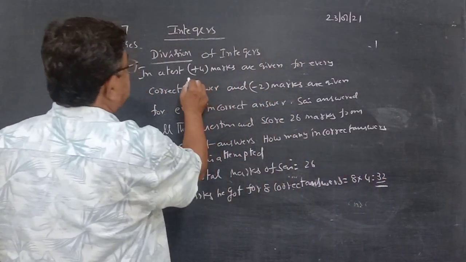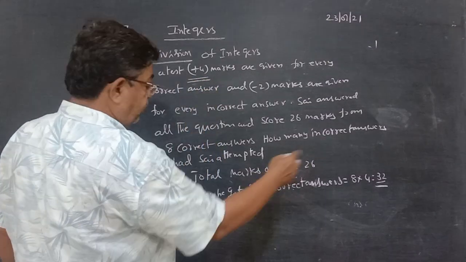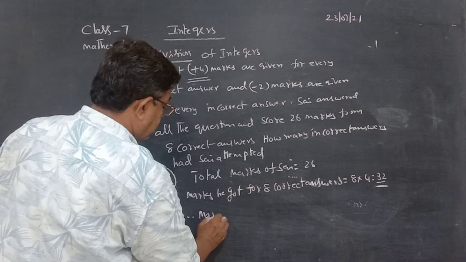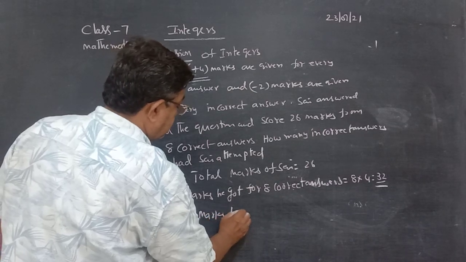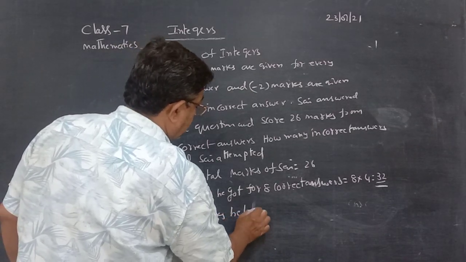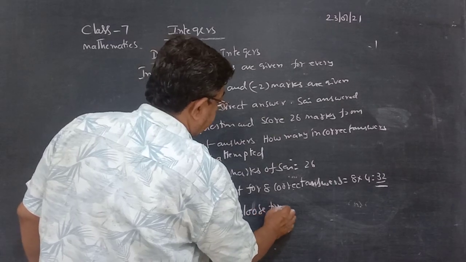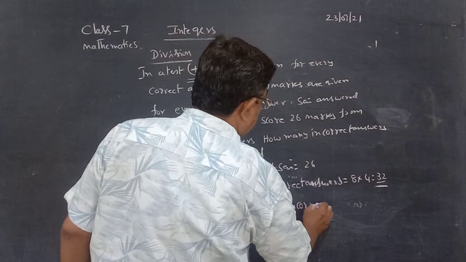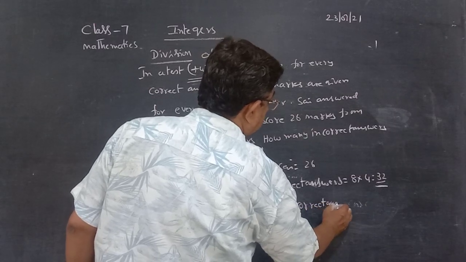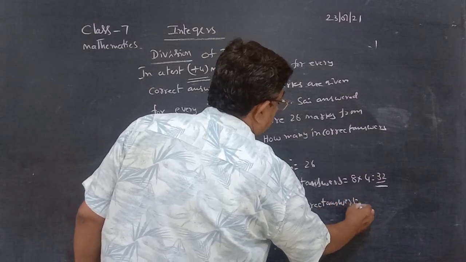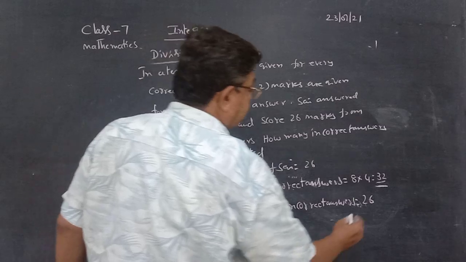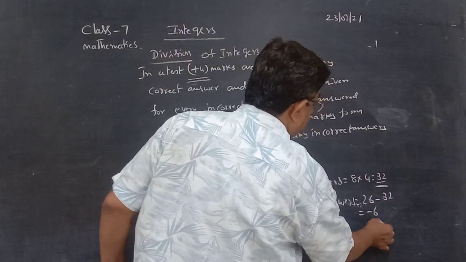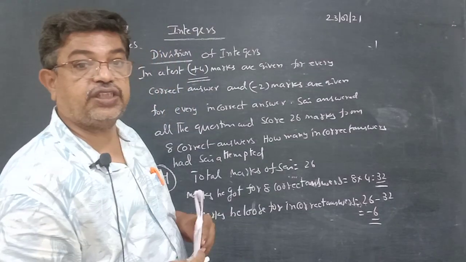For each correct answer, he is getting 4 marks. So 8 into 4, 32. Therefore, marks he lost for incorrect answers is equal to total marks he got, 26, from which you subtract 32. So total marks he lost for incorrect answers is minus 6.